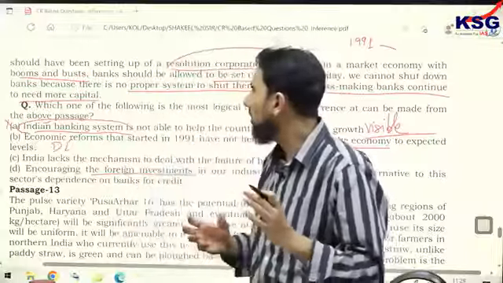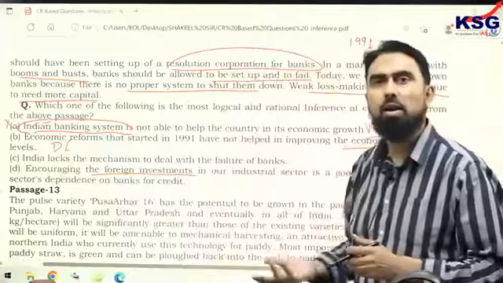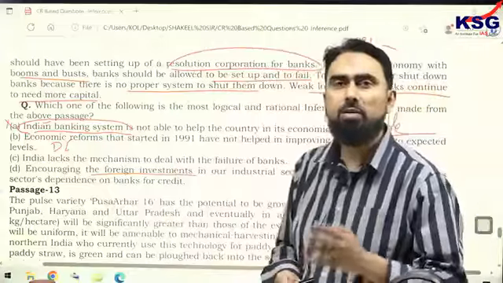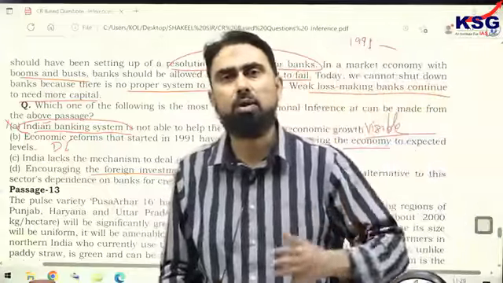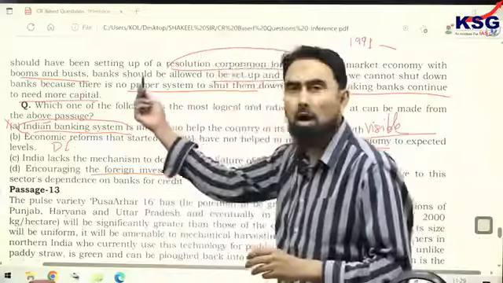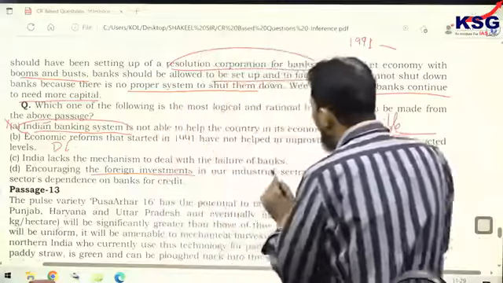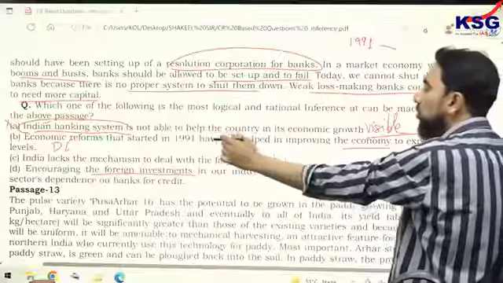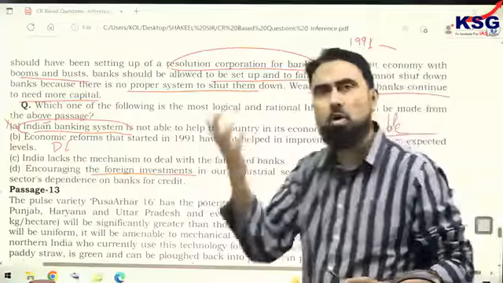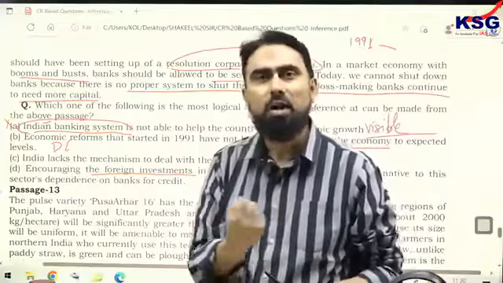So booms and busts, they should be allowed to set up and fail. Right, but here ailing banks are, because of the lack of mechanism, they don't have it. So when we look at the argument, it is going into a certain direction, and option D is not addressing the author's issue, but coming with an out-of-box thinking solution. That is not the question.